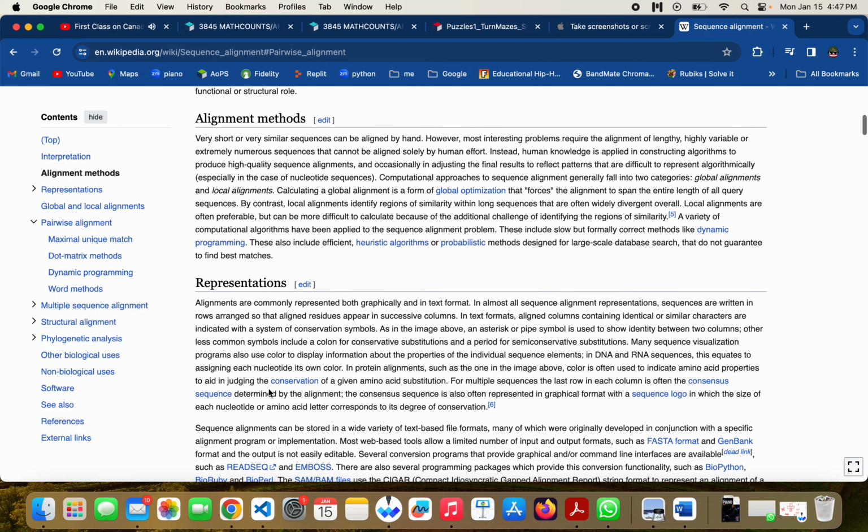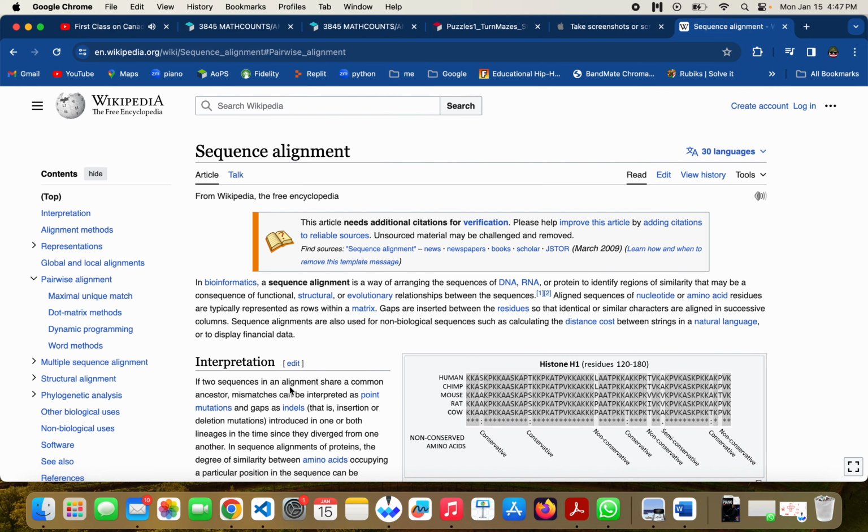And now, let's look at this. What page have we got on sequence alignment? Let's see.